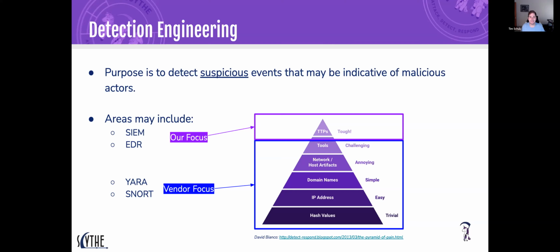So with that, we want to move to David Bianco's Pyramid of Pain. Again, this is something that's widely cited, from 2013. This is before even MITRE ATT&CK, but the focus is on adversary behaviors, because you do have a lot of vendors and controls that already cover the lower levels for you: hash values, IP addresses, domain names, that kind of thing. You're going to get that information from IOC feeds.